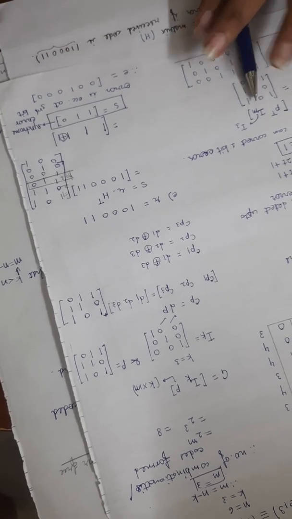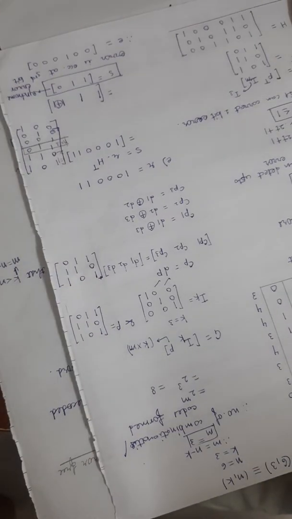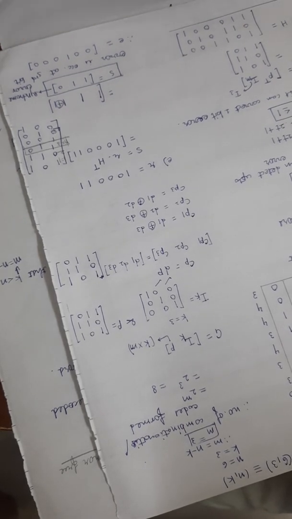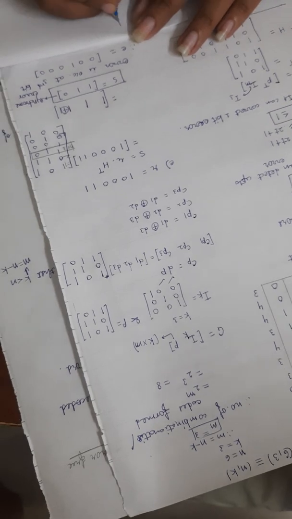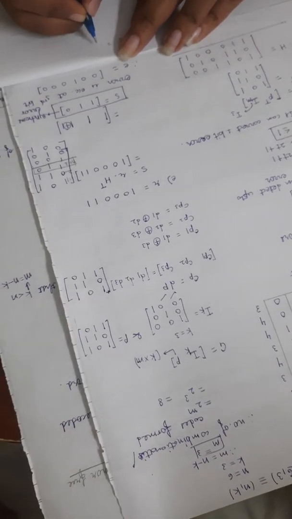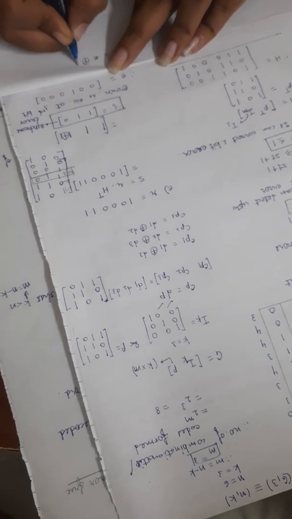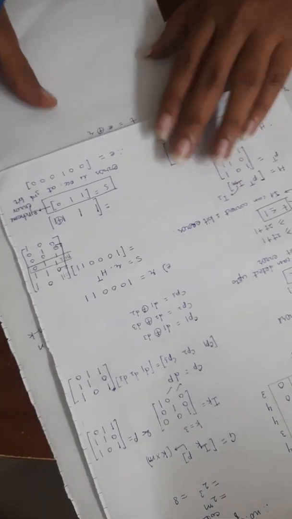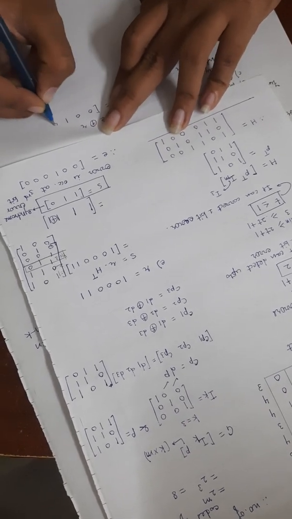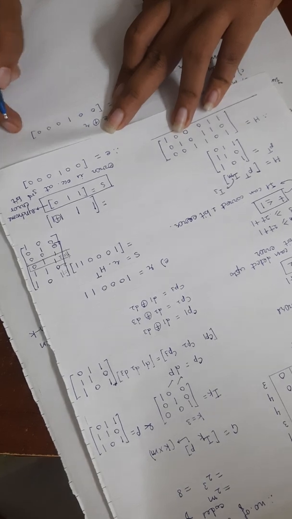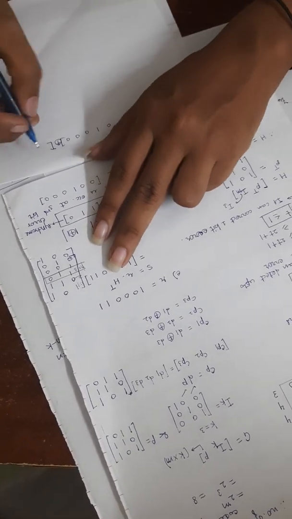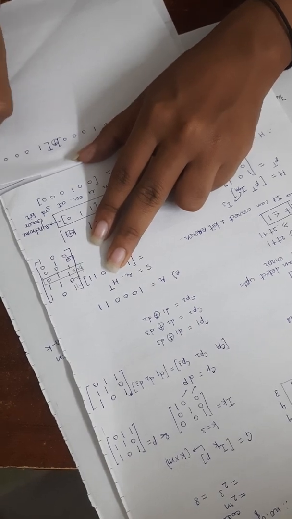Now, as we know that the transmitted signal is given by T is equal to E XOR R. We will perform the XOR operation between E and R. We have E as 0 0 1 0 0 0 XOR with R, which is given as 1 0 0 0 1 1.